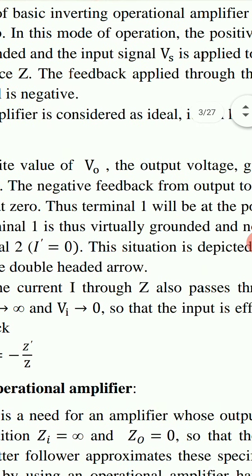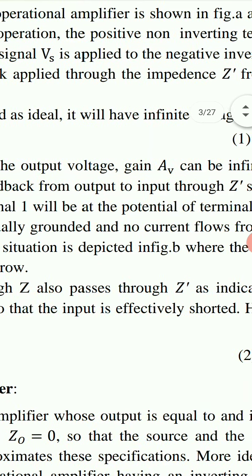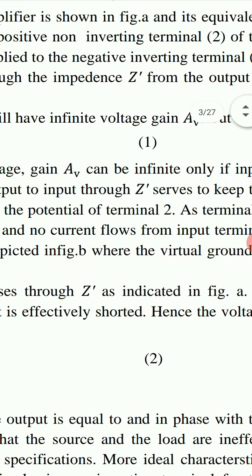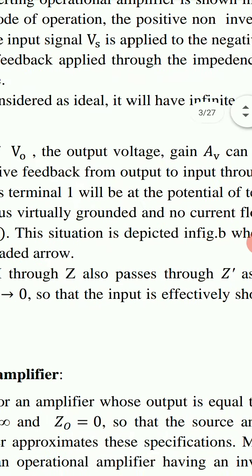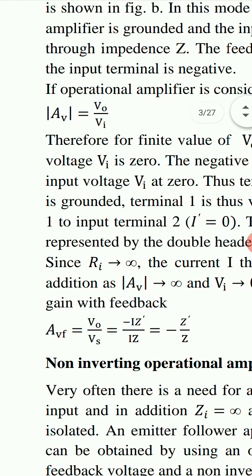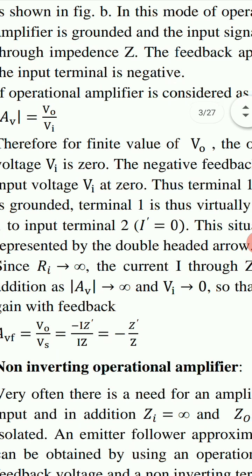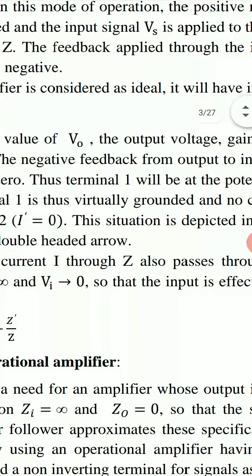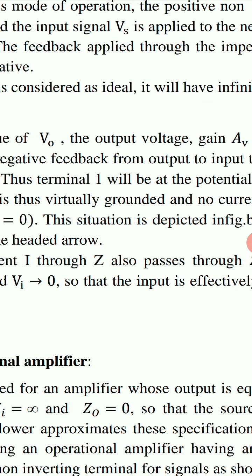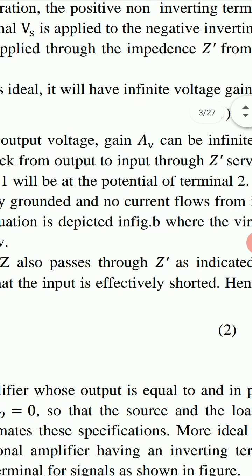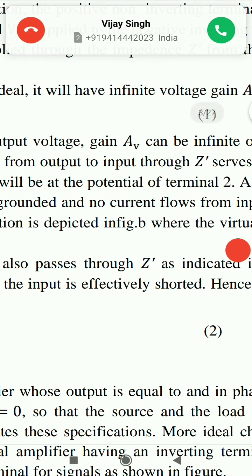The negative feedback from output to input through Z dash serves to keep the input voltage Vi at 0. Thus, terminal 1 will be at the potential of terminal 2.